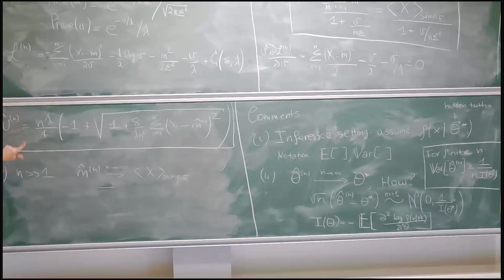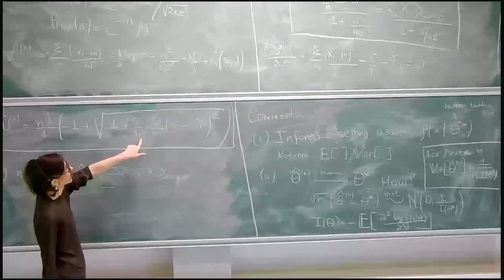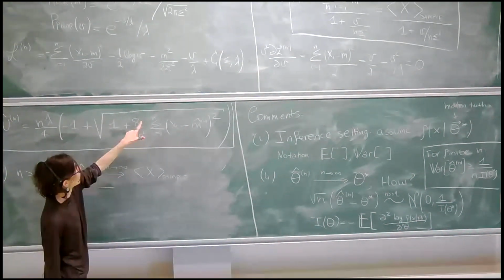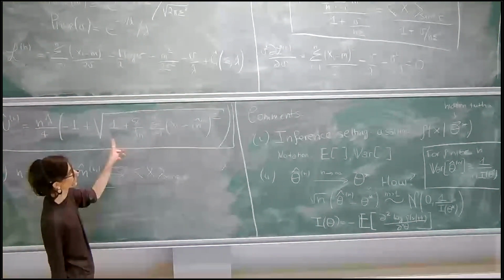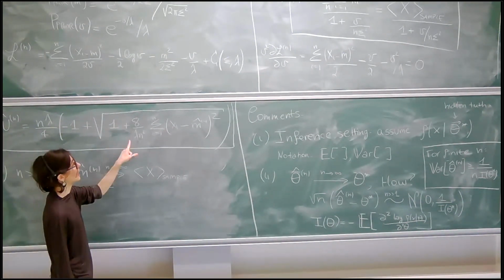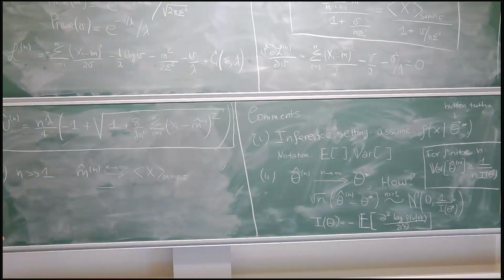And what happens for the variance? Well, something very similar happens. How do you take the limit here? You see that when n is large, this object is small. So you have 1 plus something small under the square root, which you can approximate as 1 plus 1/2 times the small thing. This is just a Taylor expansion.